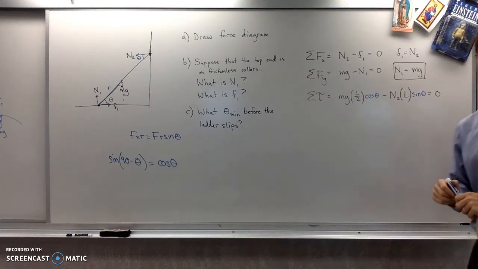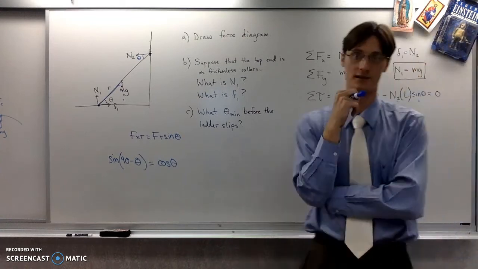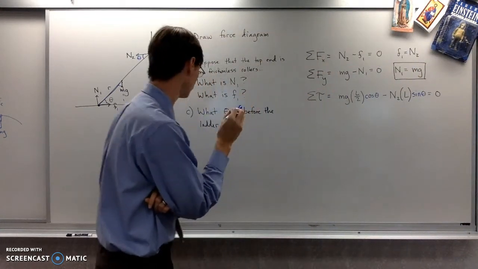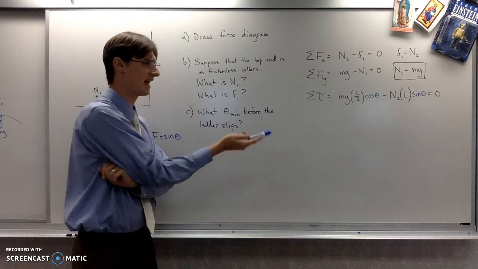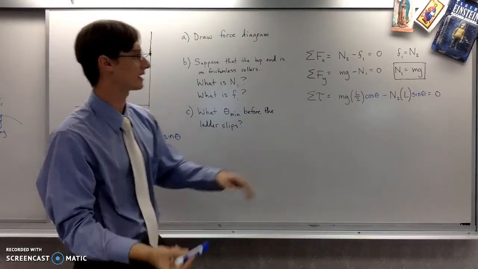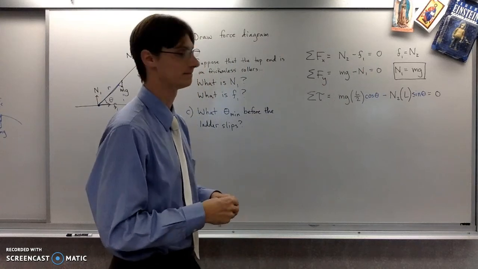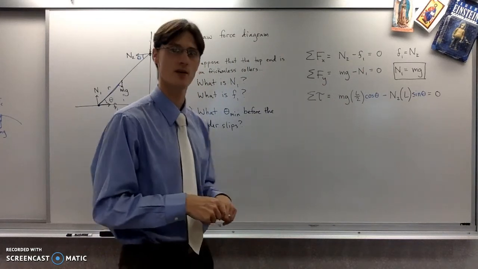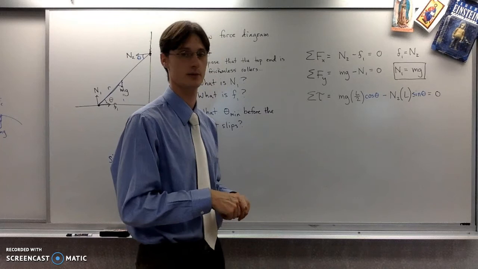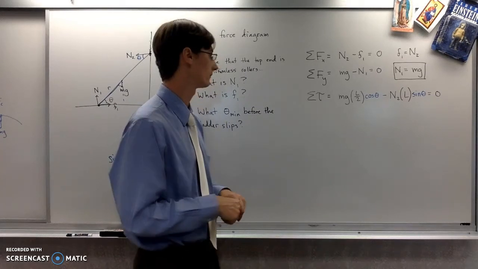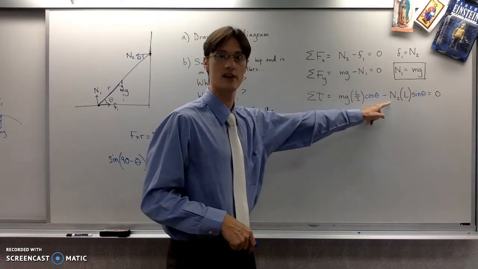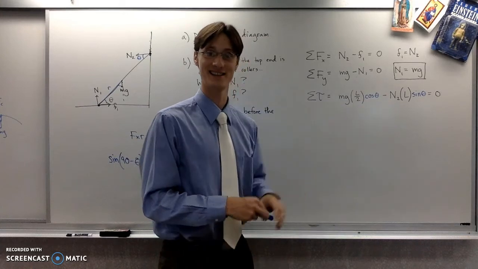Now, where do we go from here? I was trying to find F1, and what we got way up here was F1 is N2. So I need to know N2 if I want to figure out what F1 is. This equation allows me to solve for that.